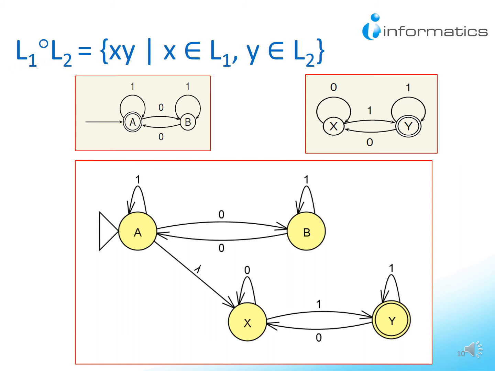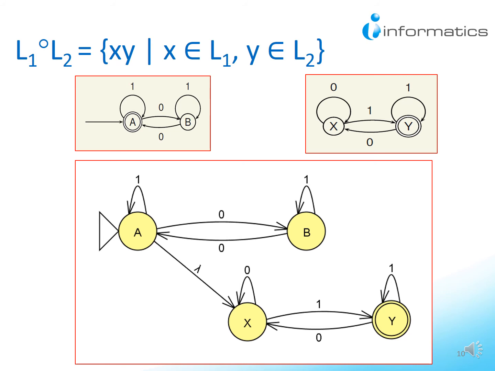Recall that concatenation means we have a set of strings that can be divided into two parts, where X belongs to L1 and Y belongs to L2. In other words, X can be recognized by the first machine and Y can be recognized by the second machine.